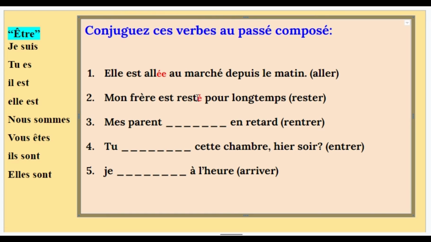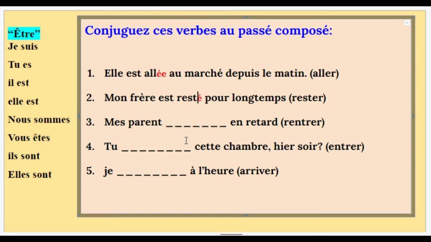Mon frère est resté pour longtemps. Here we are not going to add another E. Why? Because mon frère is masculine. So mon frère est resté pour longtemps.